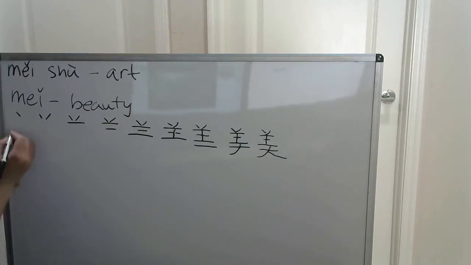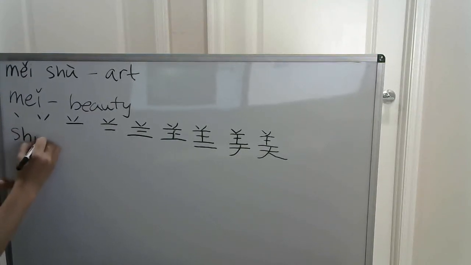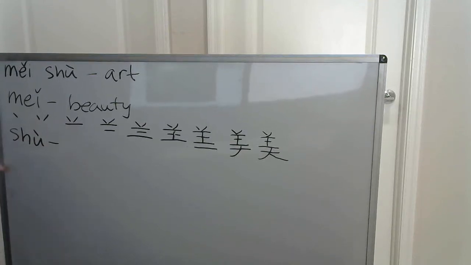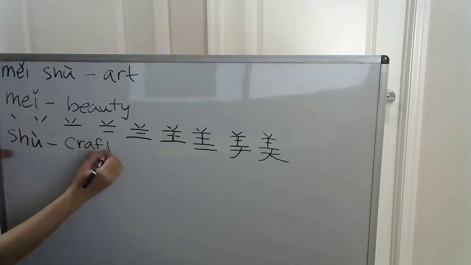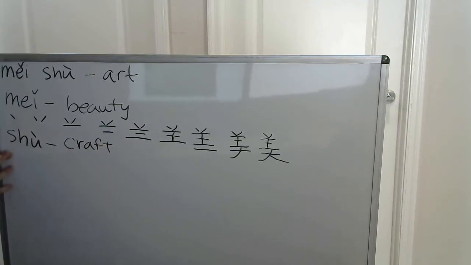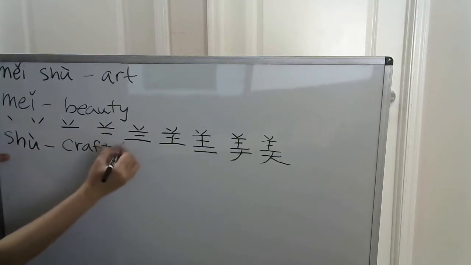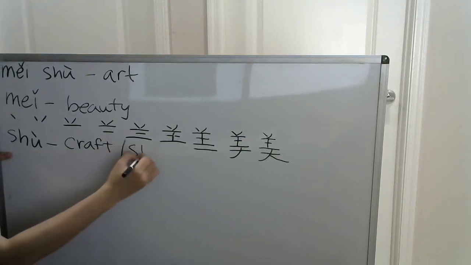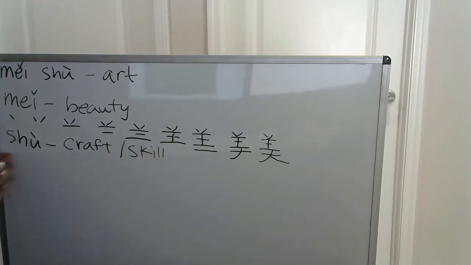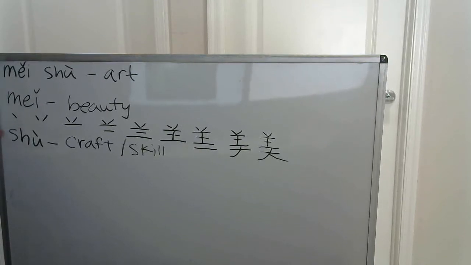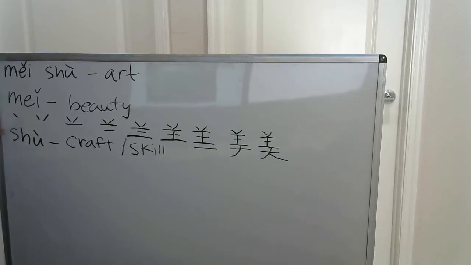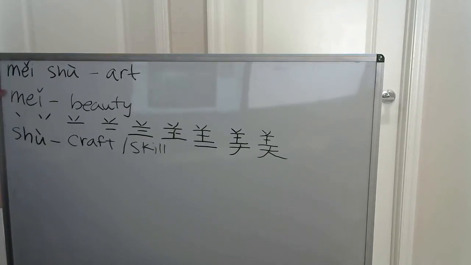Okay, and then 美术的术. 术, again, this is some sort of a craft. When it's by itself, it can mean crafts or a certain type of special skill. However, we typically do not use this character on its own. It's usually coupled with something else, in this case with the character 美.